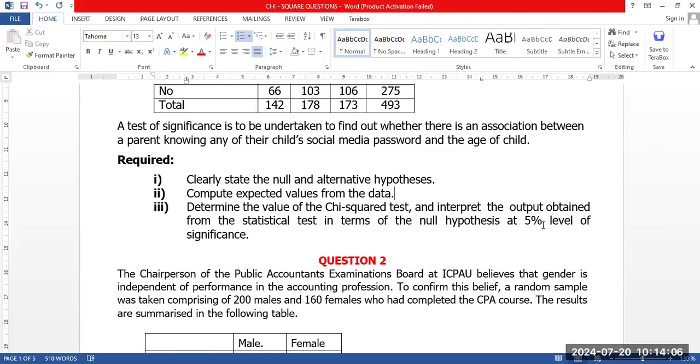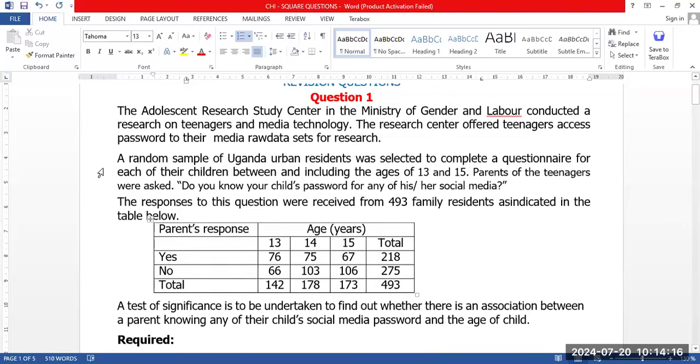Okay? So basically, you are trying to test what the researcher stated in this question. So we analyze our case study and come up with the information that is going to help us. They are telling us that the Adolescent Research Study Center in the Ministry of Gender and Labor conducted a research on teenagers and media technology.